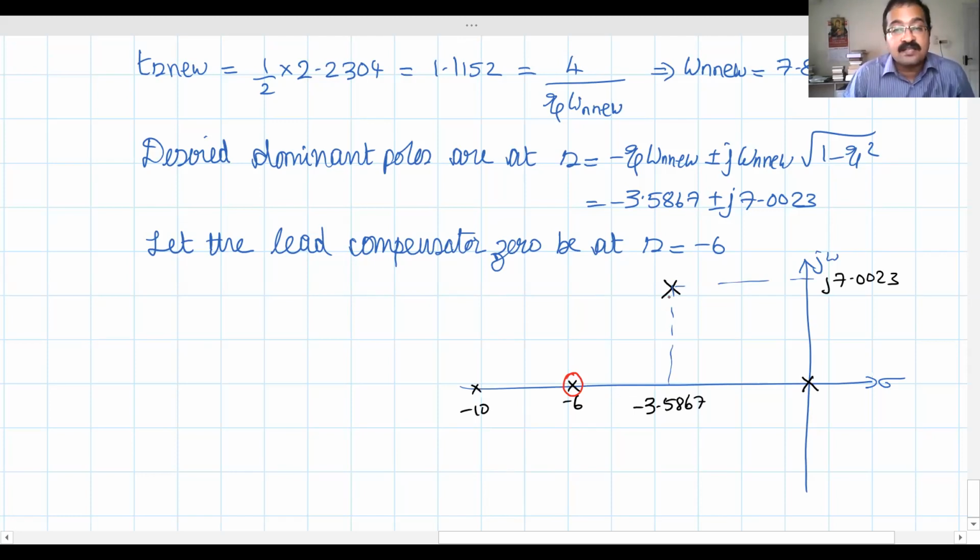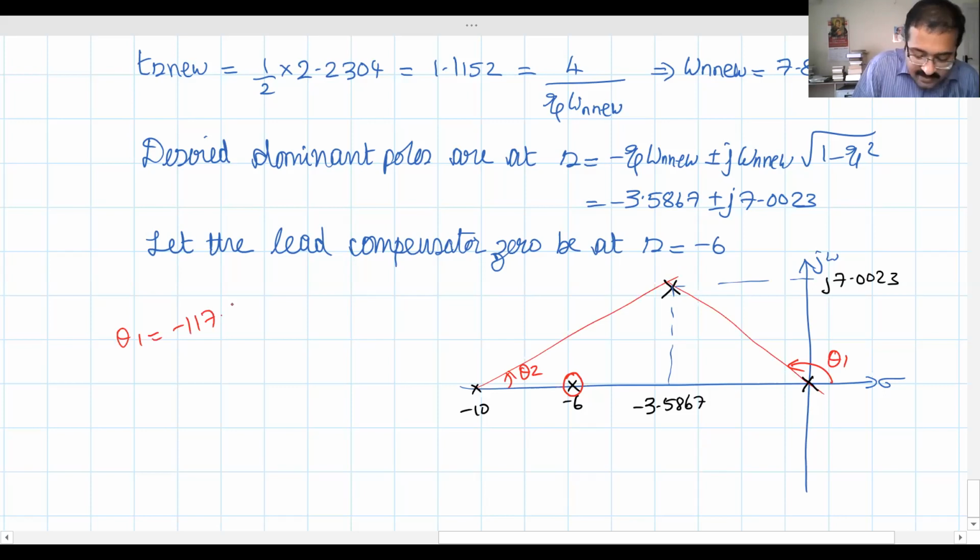Now we have to calculate the net angle at this desired dominant pole. So you join with lines. This is, say, theta 1, and this is theta 2. We have to calculate the angles. Theta 1, if you do the calculation, is 117.12 degrees, that is minus 90 minus tan inverse of opposite side 3.5867 divided by 7.0023. Similarly, what will be theta 2?